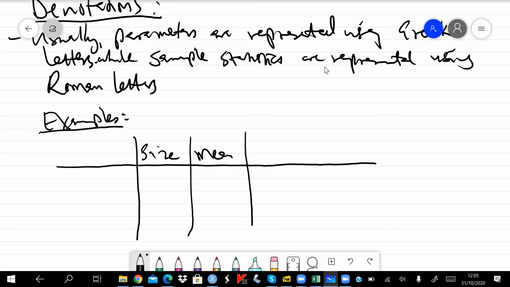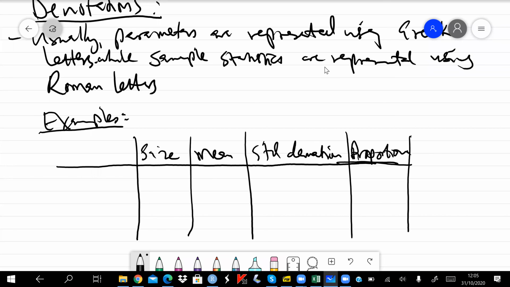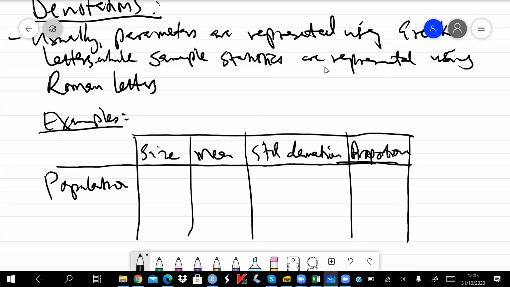Those are the summary values that we're talking about. We have the standard deviation, and we have the proportion. Then here we have the population, and here we have the sample.